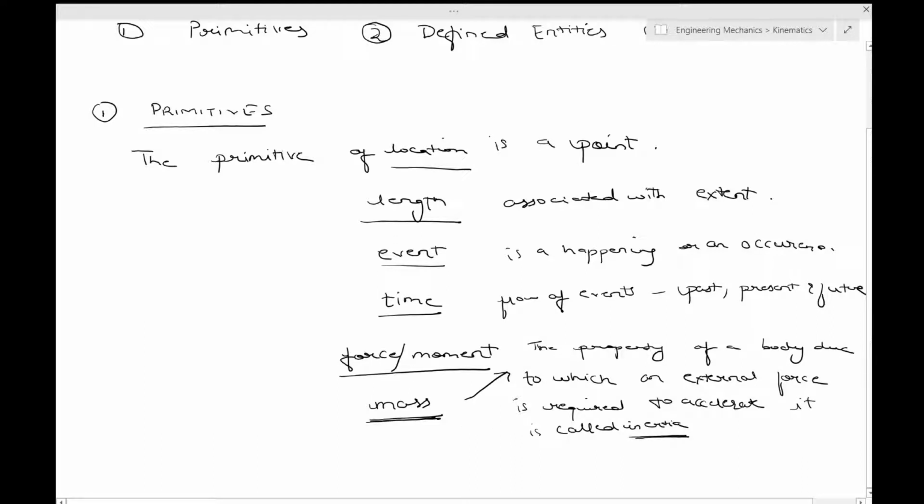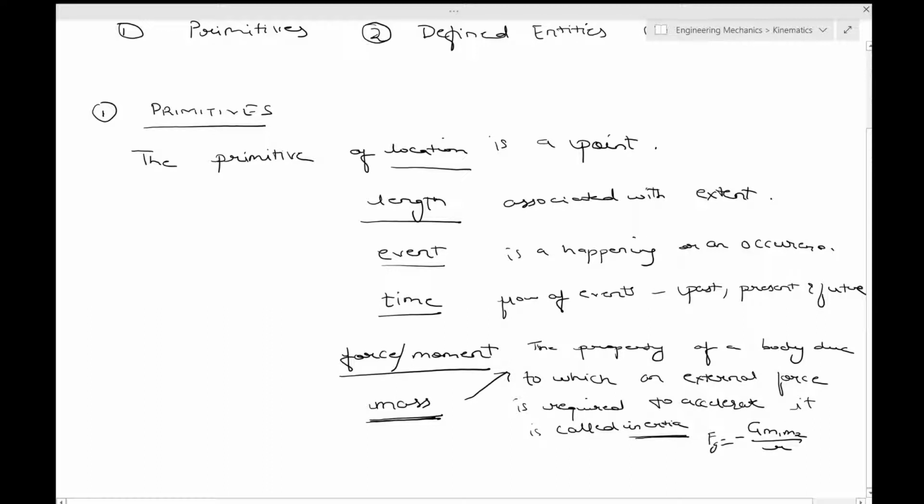Okay, mass, as you know, also determines the gravitational force between two material bodies. You must be well aware of this sort of a relation between the force.